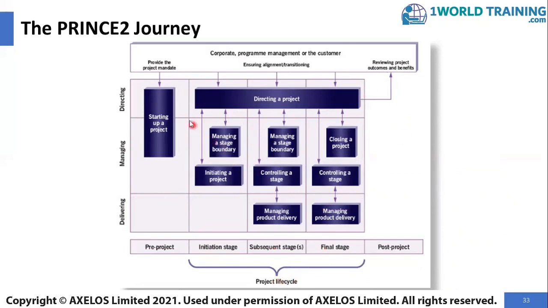Note the connections between the various levels and the various processes. Directing a project authorizes initiating a project in the initiation stage. However, initiating a project also depends on directing a project to obtain authorization to execute the project. Similarly, the managing stage boundary depends on directing a project for moving into the first delivery stage.